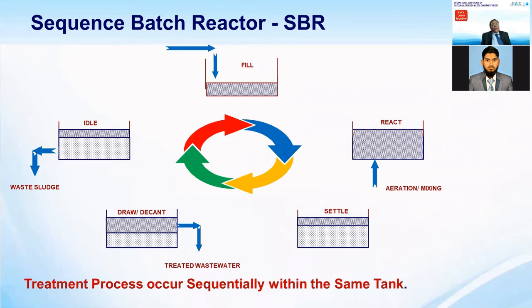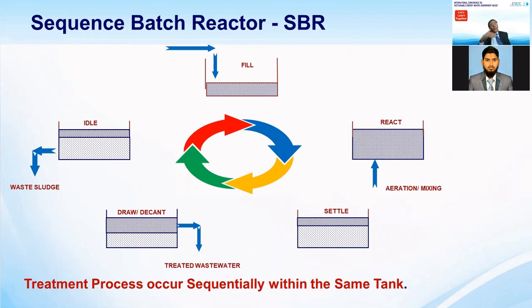homogenizing the effluent and meeting the air demand, we check the dissolved oxygen levels, and then the sludge develops, and then we just switch off the blower aeration so that no more mixing happens, and the sludge settles by gravity.